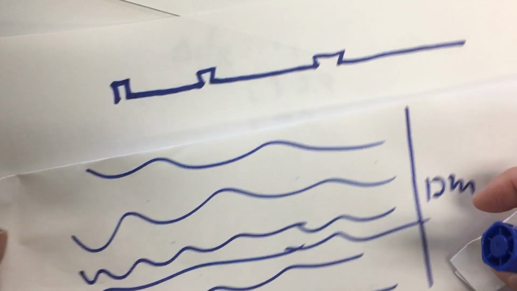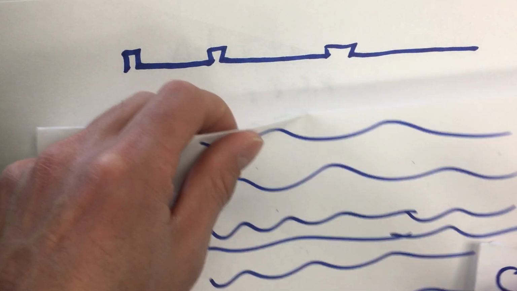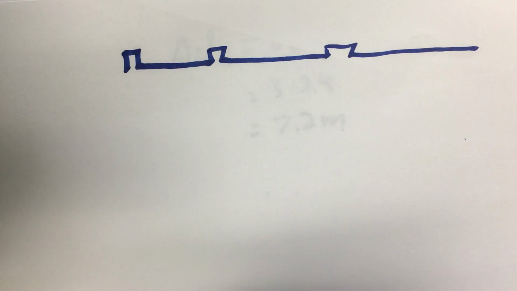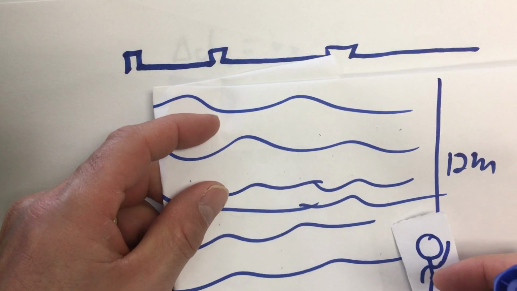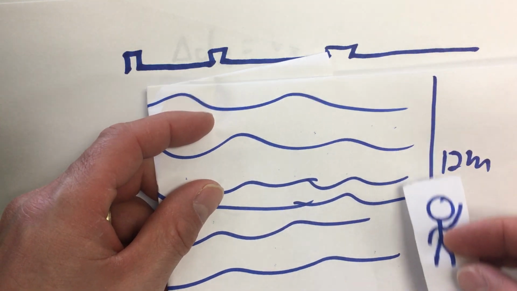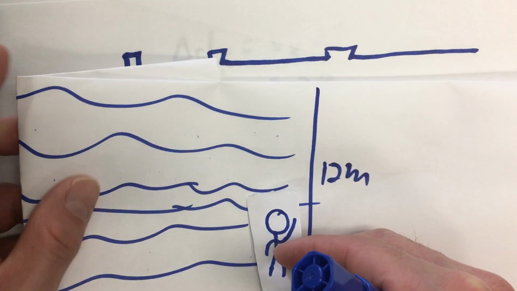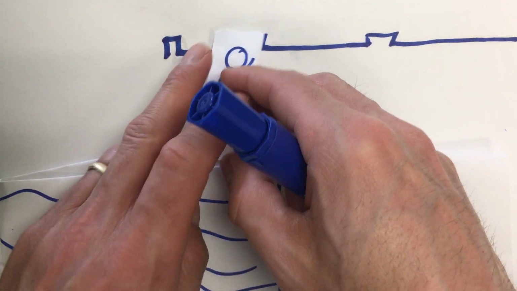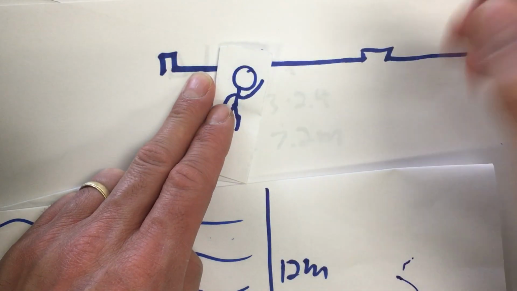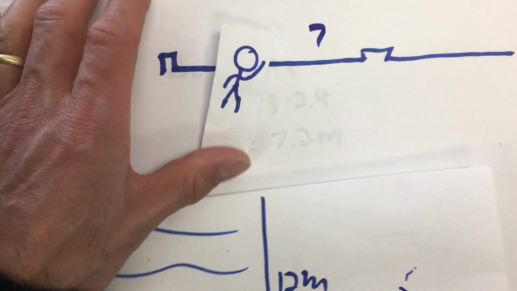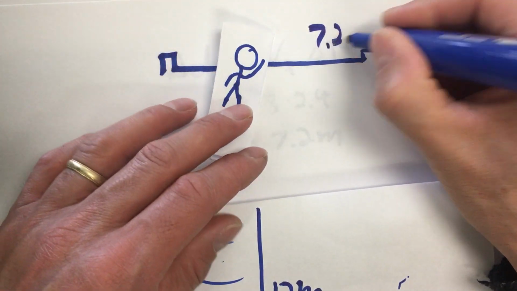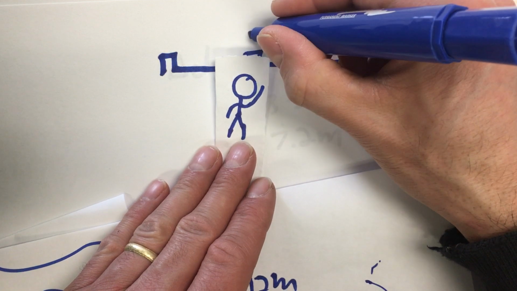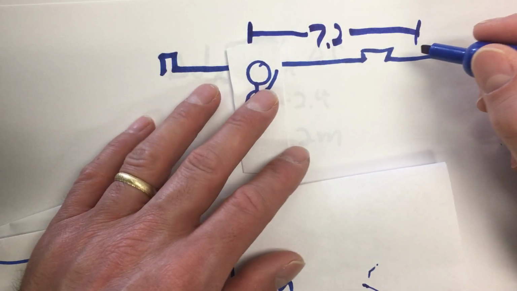So the way we interpret that physically is as the man swims across at 5 and the river moves at a rate of 3, he ends up a distance of 7.2 meters west up the riverbank.